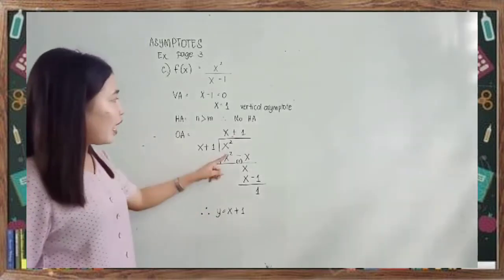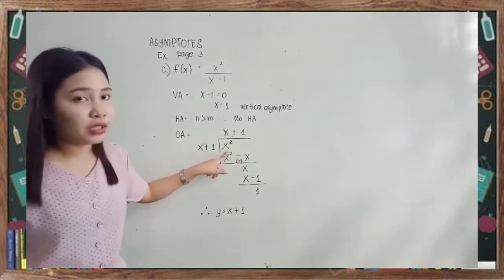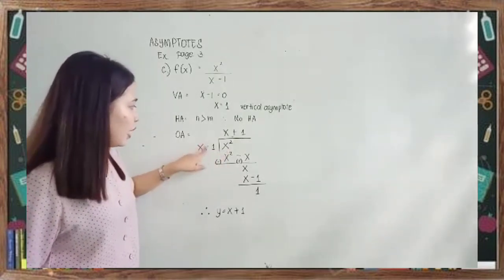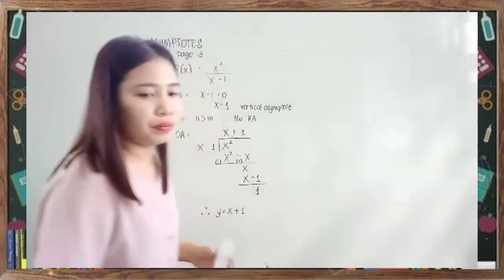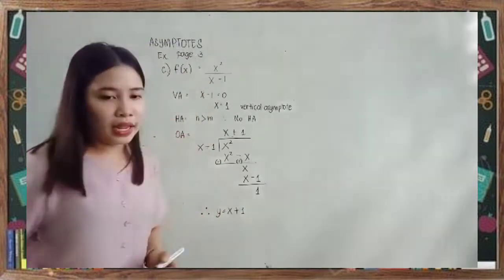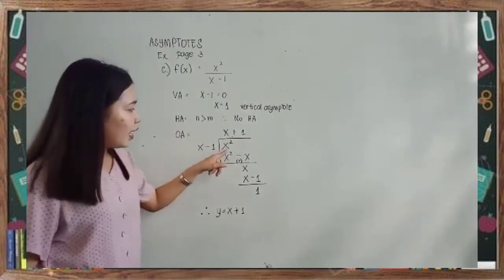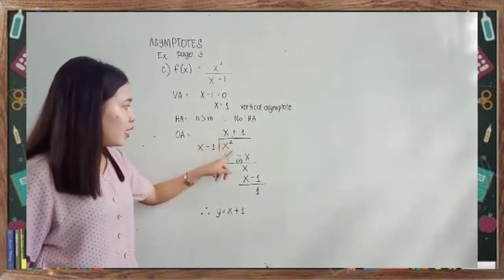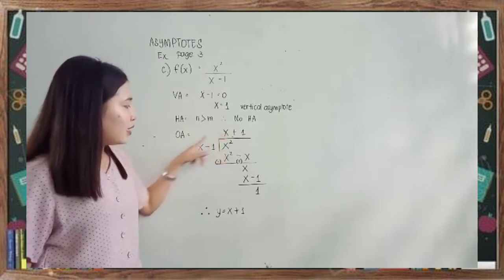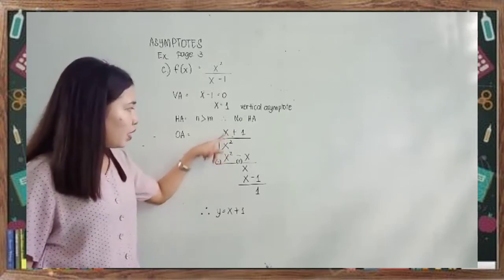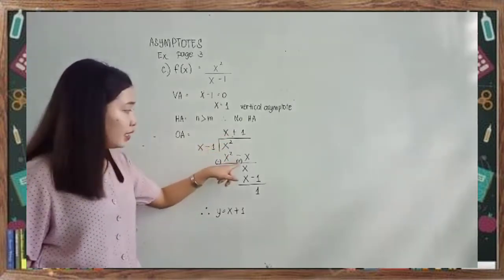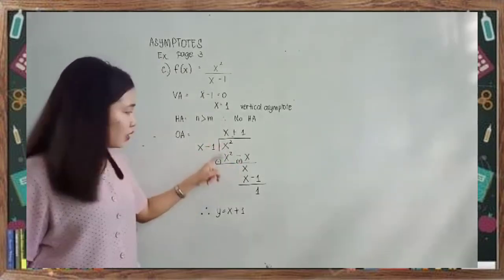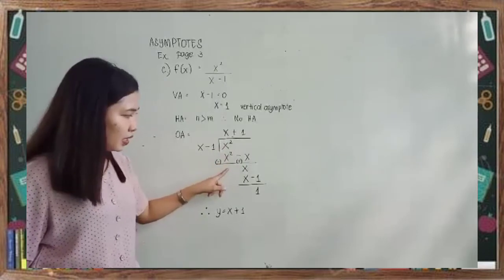Okay, so since ang ating numerator ay x squared, we're going to divide it by x minus 1. Then, x squared divided by x is equals to x. Then, x times x is equals to x squared. X times negative 1 ay negative x. Then, subtract. So, x squared minus x squared is equals to 0.